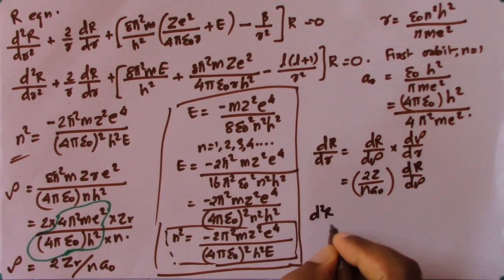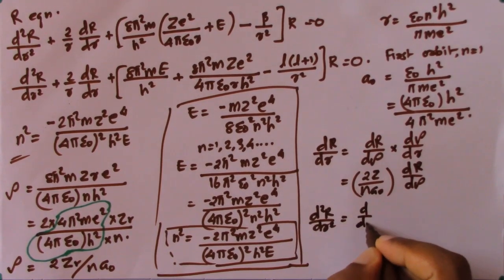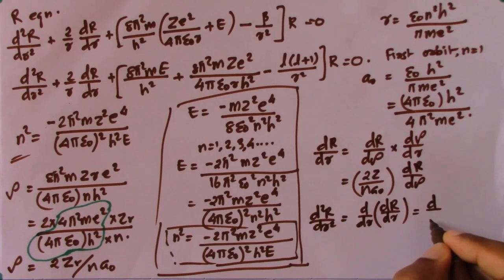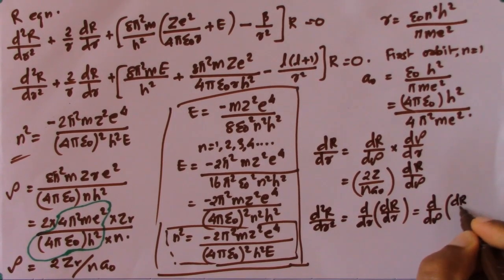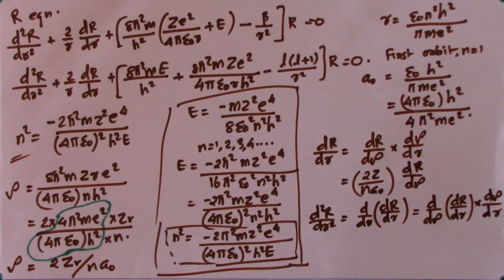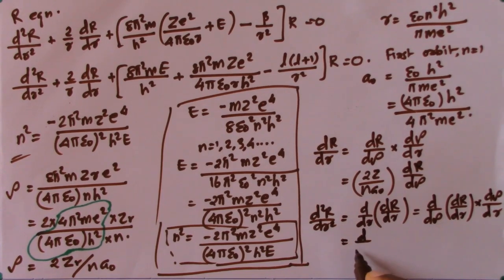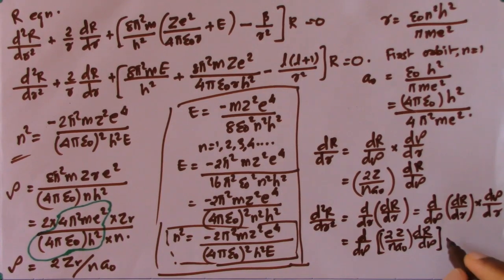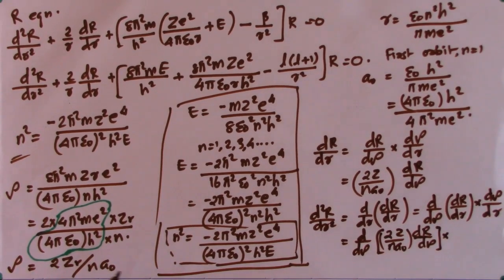So d square R by dr square is equal to d by dr of dR by dr. I can write it like d by d rho of dR by dr into d rho by dr. So that is equal to d by d rho of dR by dr, where dR by dr is equal to 2z by n a0 into dR by d rho, into d rho by dr, which is 2z by n a0.